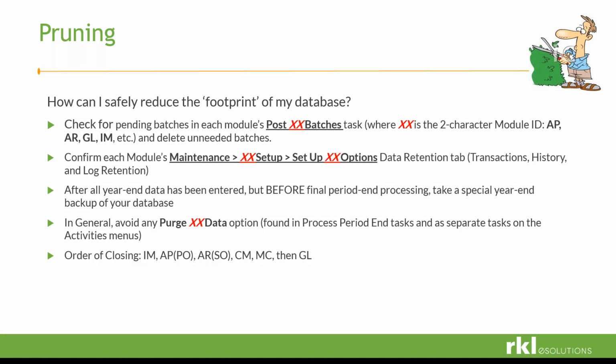Purchase order doesn't have any separate module closing option. When payables closes, PO closes. Then you would move on to accounts receivable, and similarly, the sales order module does not have its own month-end close. It closes when the accounts receivable module has closed. Once those are completed, you would move on to cash management, then multi-currency if you're using multi-currency, and general ledger last.